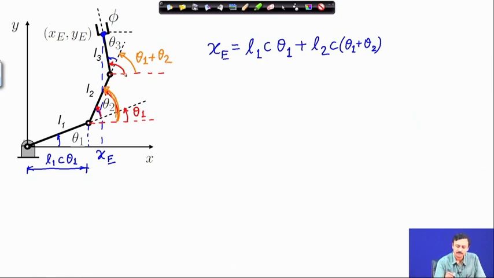Therefore, the whole angle that L 3 makes with the x axis is theta 1 plus theta 2 plus theta 3. So, I must add this projection as L 3 cosine of theta 1 plus theta 2 plus theta 3. That completes the x coordinate of the end effector.